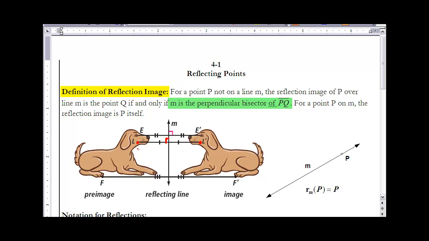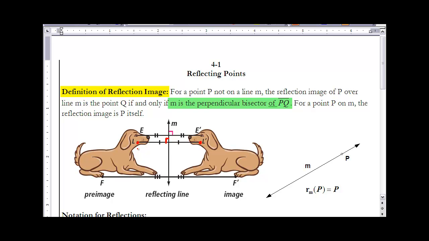So anytime we're reflecting points, we need to make sure that the image and the pre-image, that line segment, in relation to the reflection line, that reflection line will always be the perpendicular bisector of that segment. And you'll notice whether it be E, L, or F here, all three of the points that we have on this dog, this line is the perpendicular bisector of those segments.